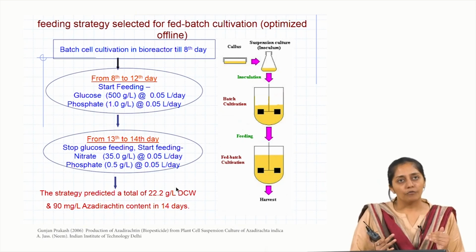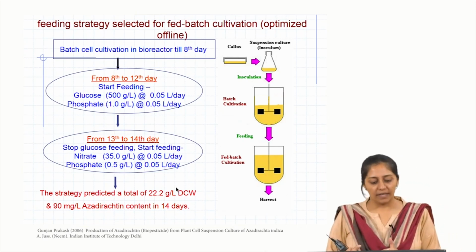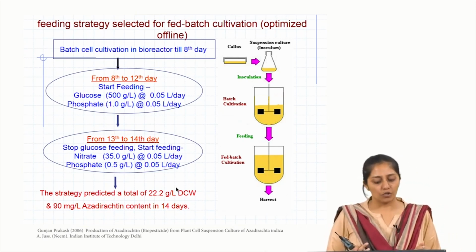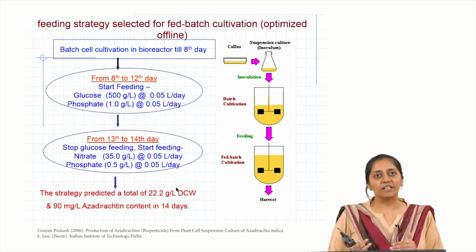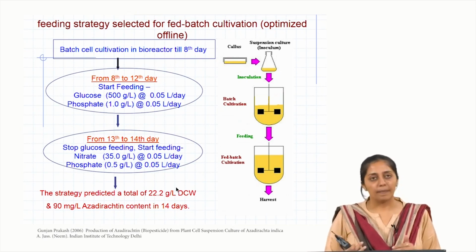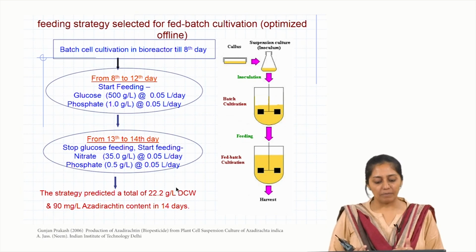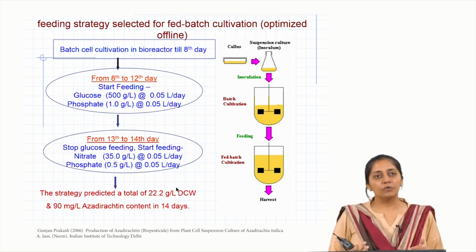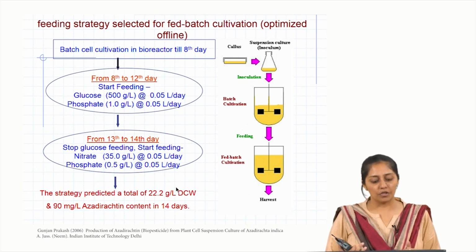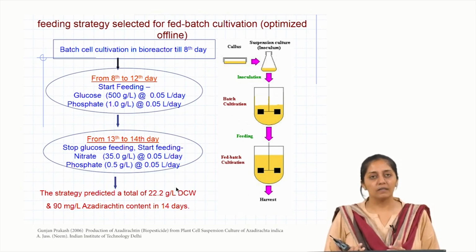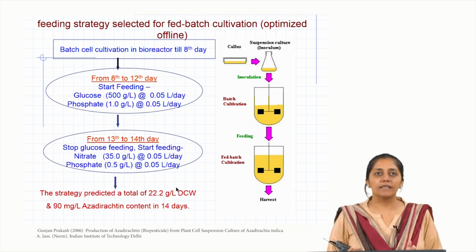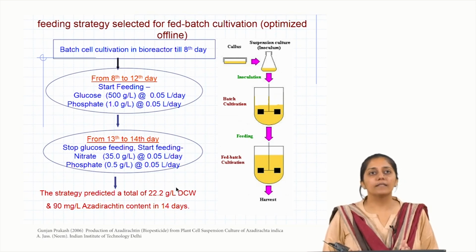Then from the 13th to 14th day, the glucose feeding was stopped and nitrate feed started at 35 grams per liter, and the phosphate feed was continued but at a reduced concentration of 0.5 grams per liter, with a flow rate of all the feeds at 0.05 liters per day.